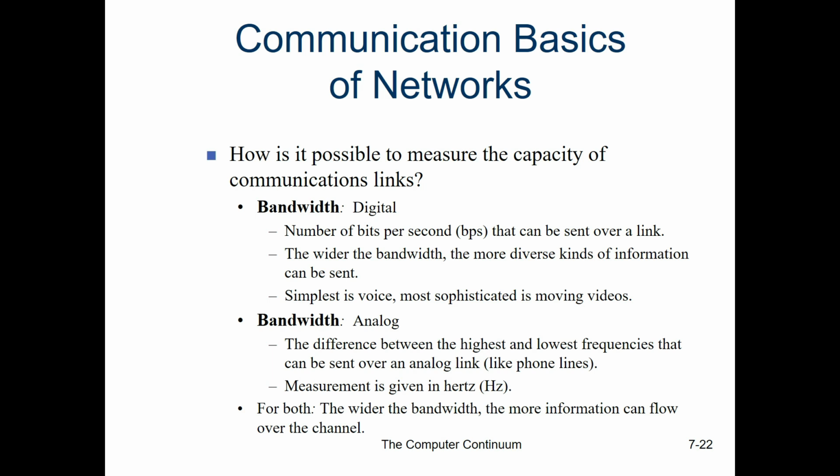Let's take the example of a water pipe. The wider the pipe, the more water could travel through it. The thinner or smaller it is, the less water will be able to pass through. So you get the analogy of how bandwidth works.